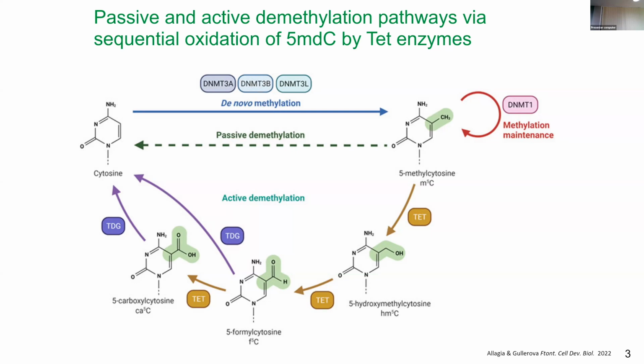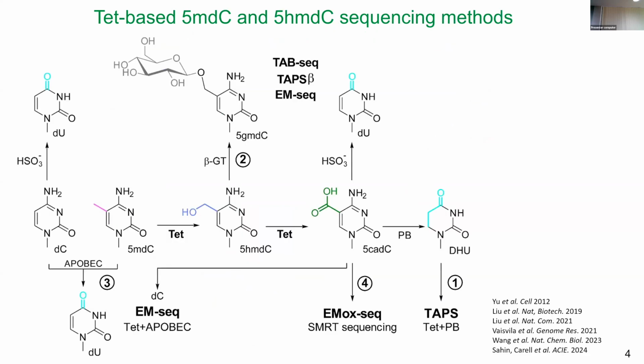So I hope you understand that there's a need to learn about these processes and also about the spatial and temporal localization of these epigenetic marks. By now a number of sequencing methods have been developed, largely also relying on the TET enzyme, to identify the positional information of these epigenetic marks.